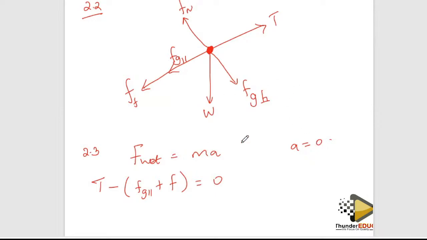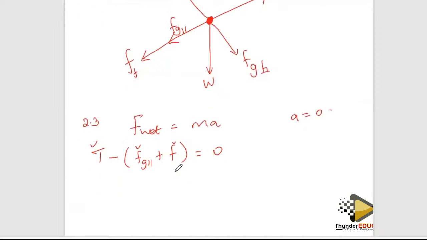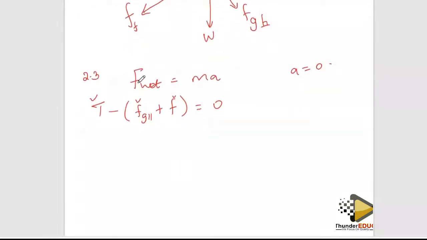Okay. I have my tension, F_g parallel, I can get it. My problem is the frictional force. So remember, the frictional force is normally given as mu_k times the normal force, which is mu_k times mg cos of the angle of inclination.